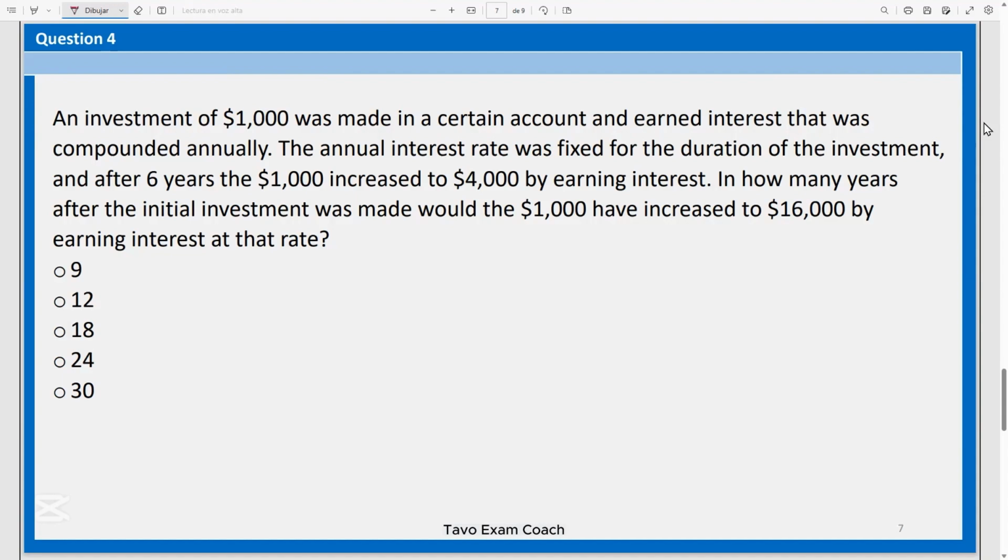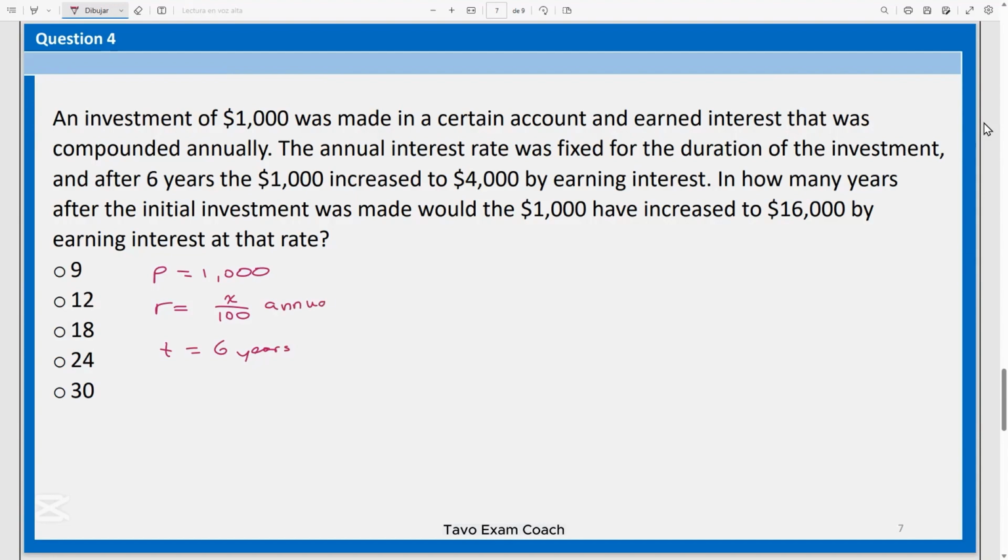Well, at the beginning, we are given a situation of compound interest calculation. We have a principal of $1,000. We have an interest rate which is unknown, but is an annual interest rate. Let's call it X%. And the duration of the investment was 6 years.